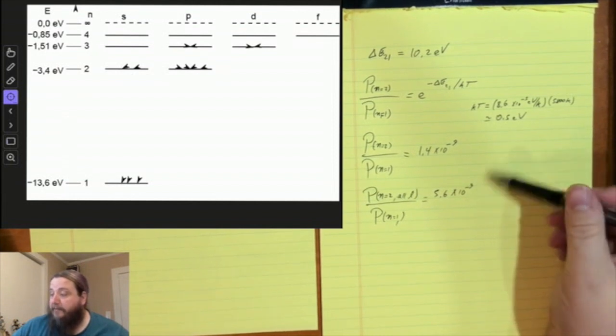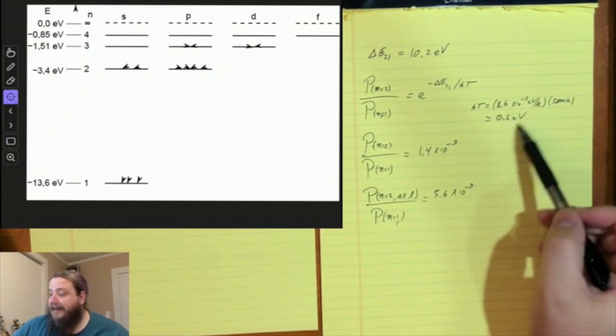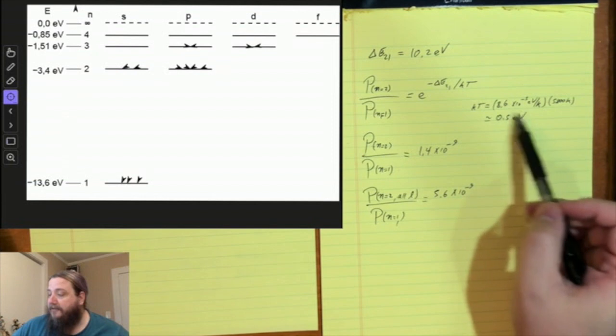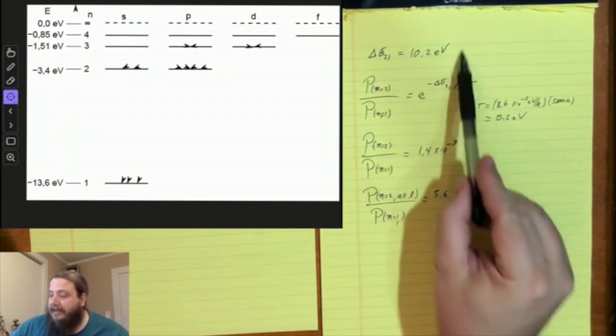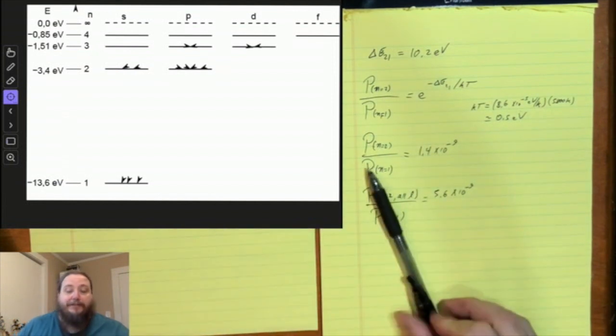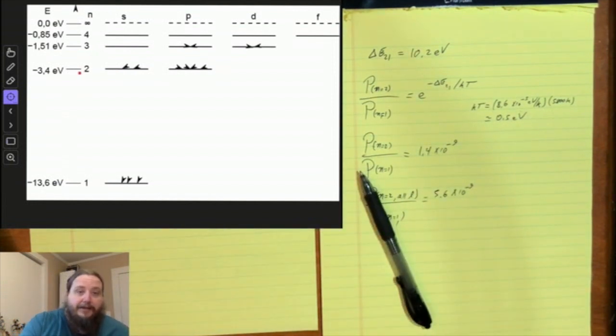Still heavily suppressed by the fact that the ambient thermal energy in the sun's atmosphere is way below the energy level difference between the first excited state and the ground state.